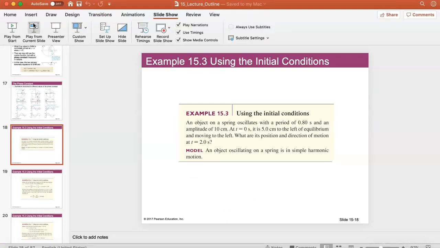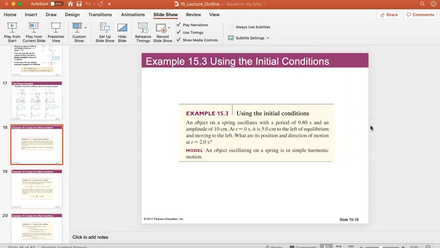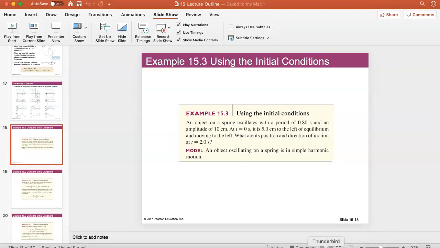So we have an object on a spring that oscillates with a period of 0.8 seconds, and the amplitude is 10 centimeters. So let's write these things. So that's example 15.3.